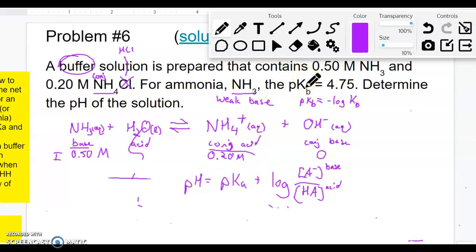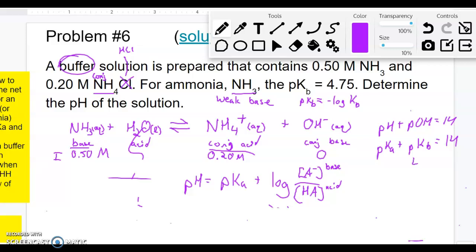But something really cool about it is just like how pH and pOH add up to 14, the same thing works with pKa and pKb, because pKa is like the acid part, and pKb is like the base part. They also add up to 14.